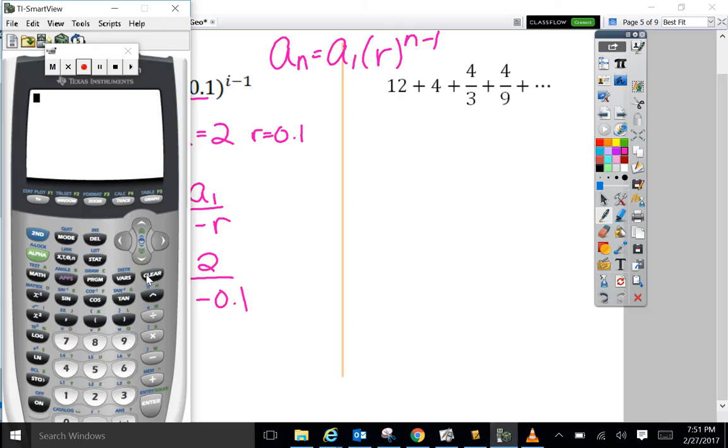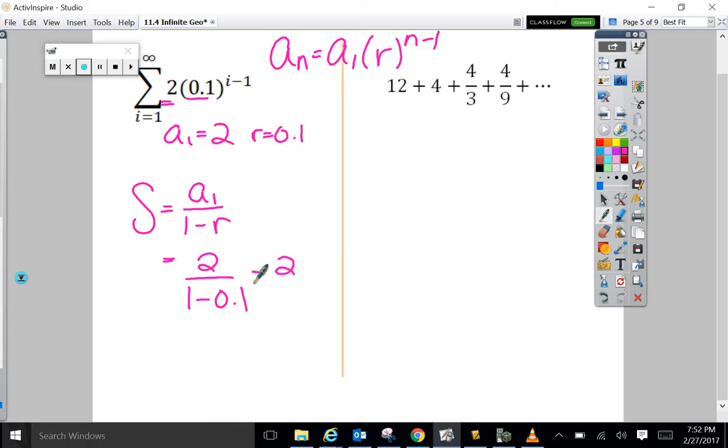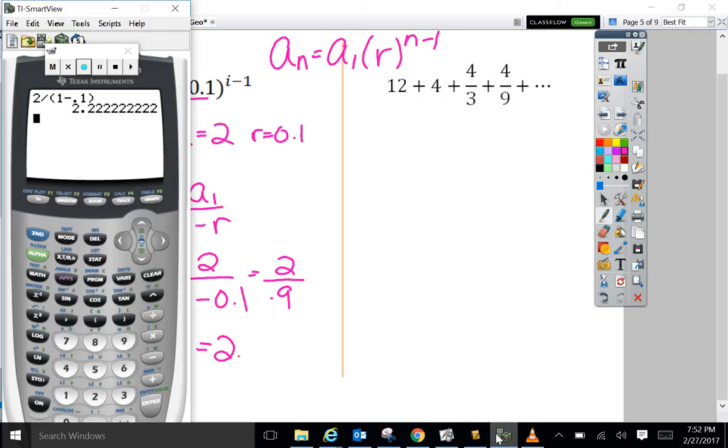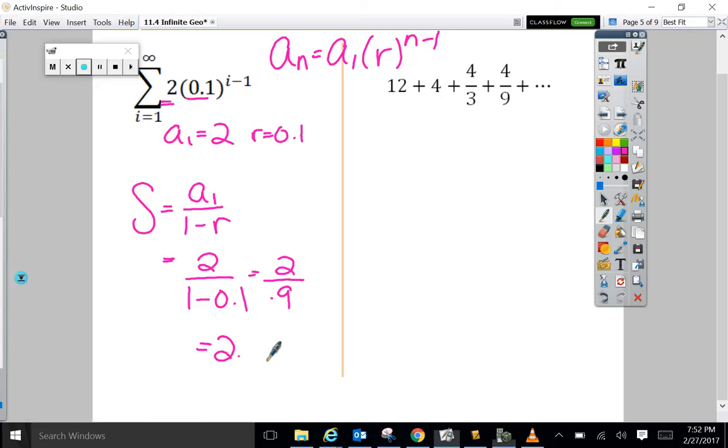When you do this in your calculator, be very careful that you put the entire denominator in parentheses. 2 divided by 1 minus 0.1. Or you do the denominator first and get 0.9, so that you make sure that you get the same answer, 2.2 repeating.